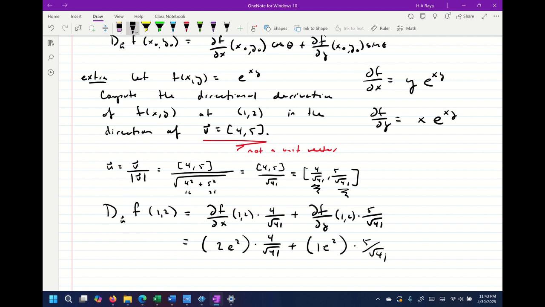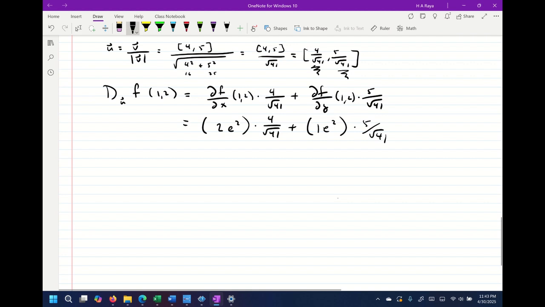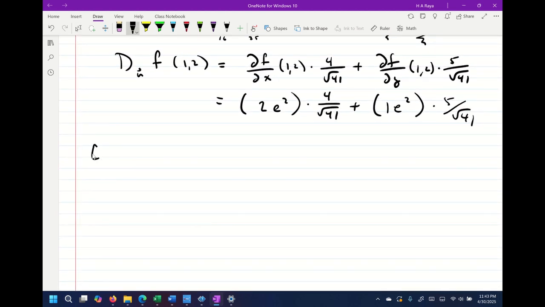Compare this to what we have in example number 2. In example number 2, we have a function f of x, y given as x cubed minus 3xy plus 4y squared.